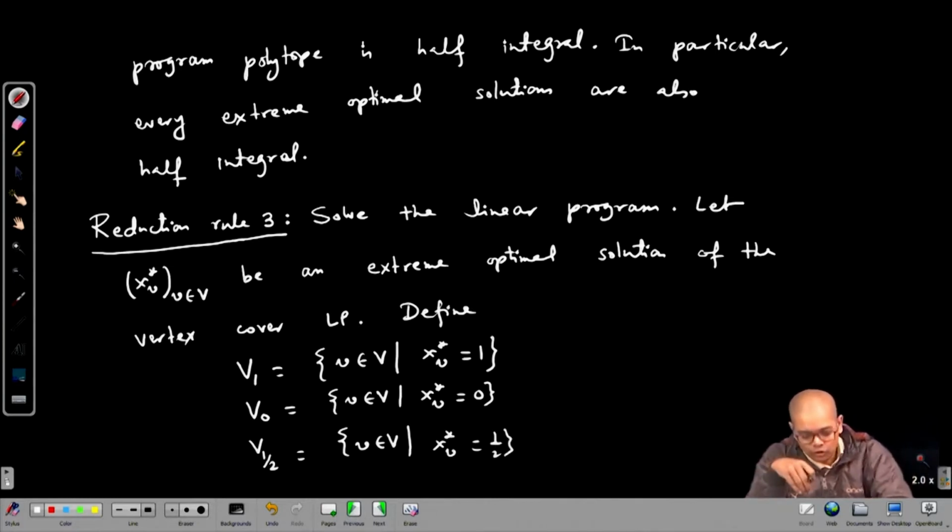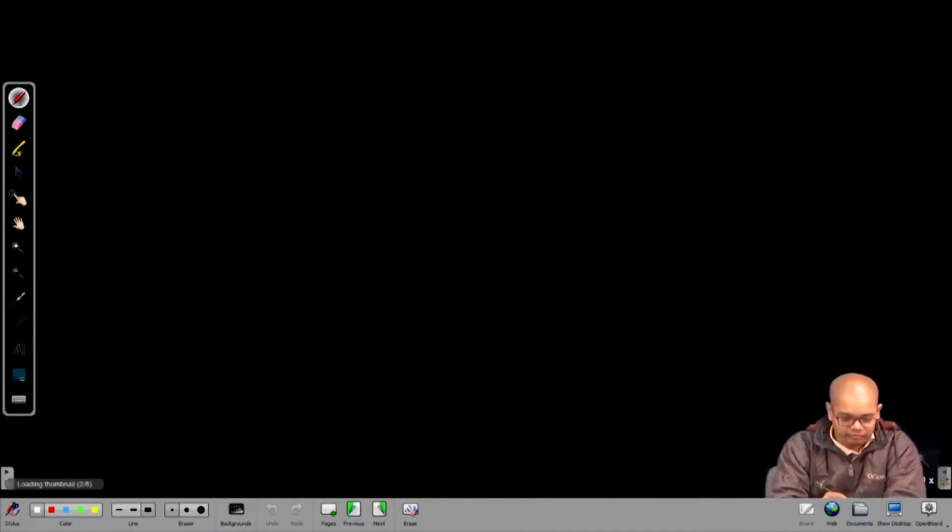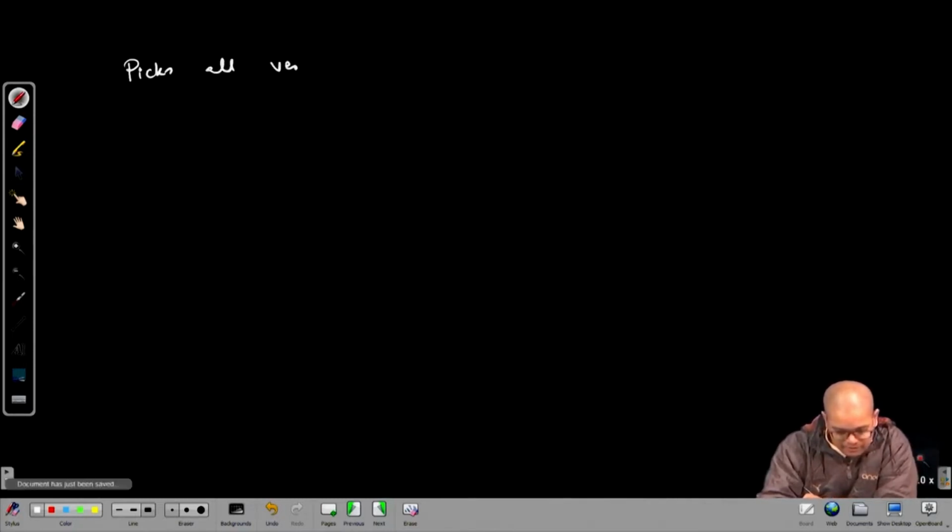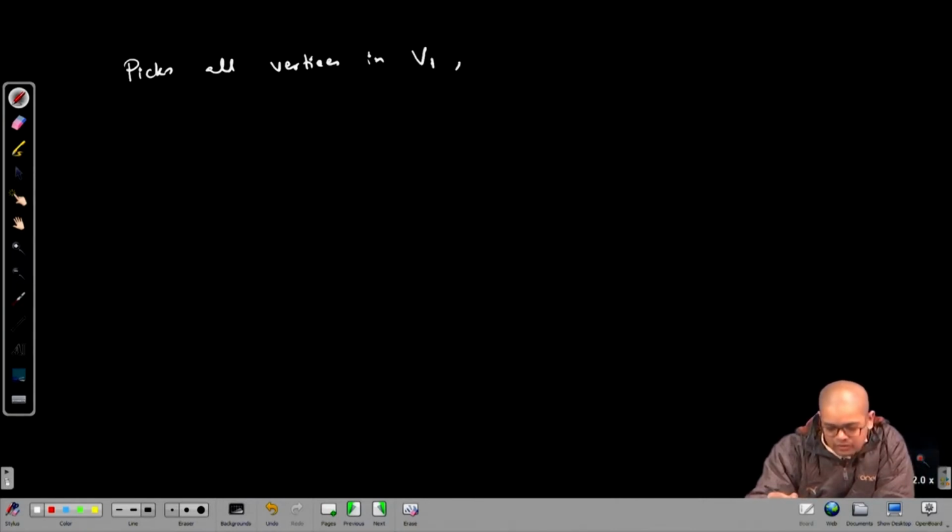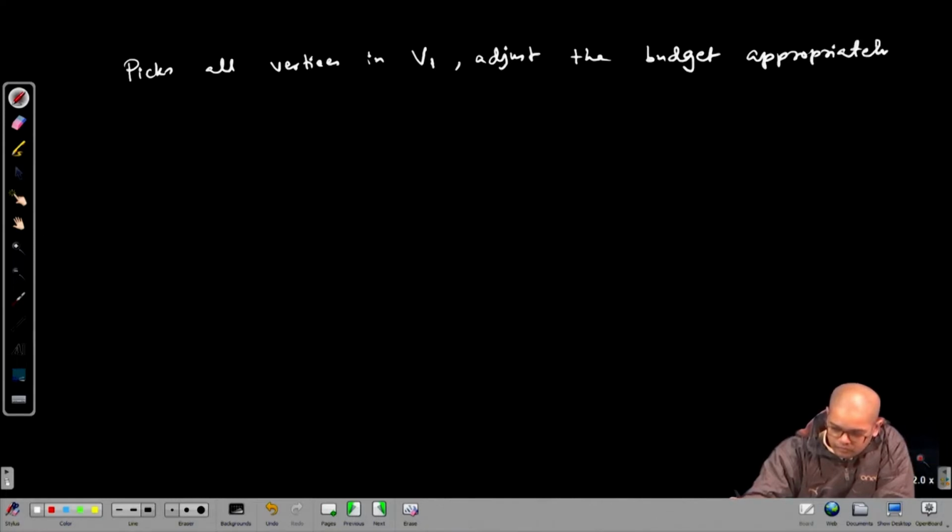So, the reduction rule picks all vertices in V1, adjusts the budget appropriately, that means the new k prime is k minus size of V1.